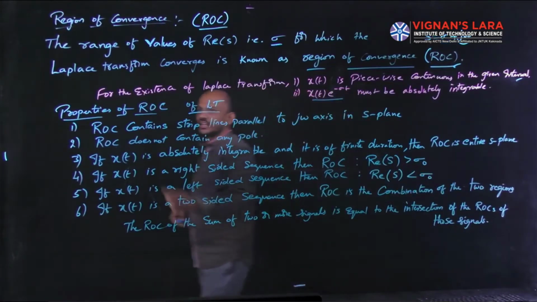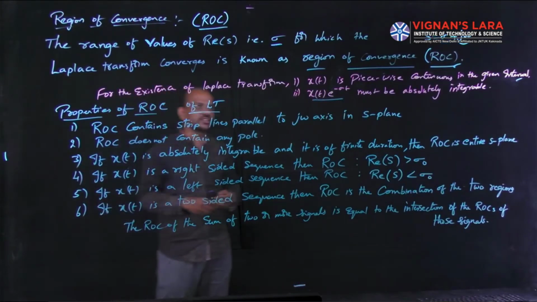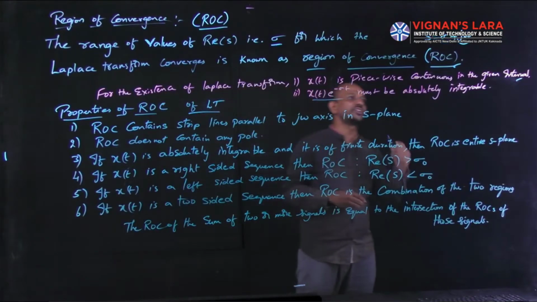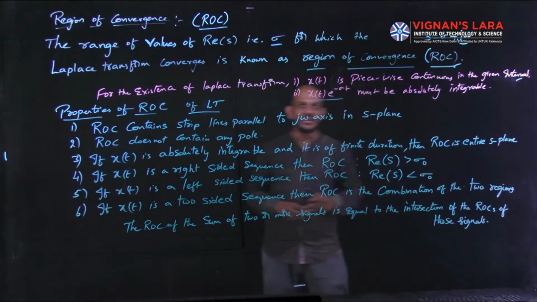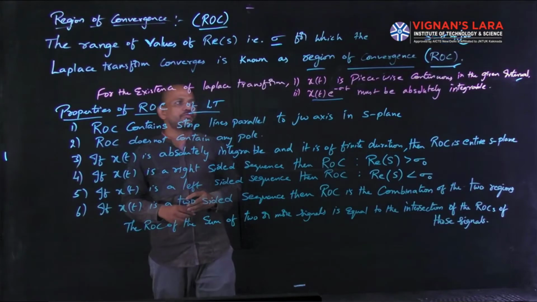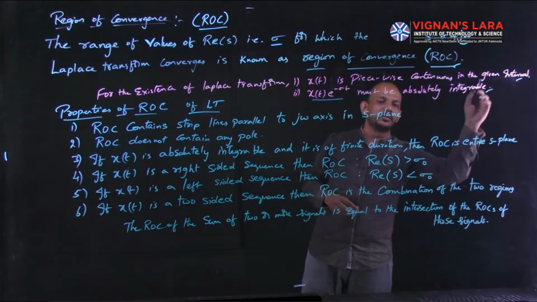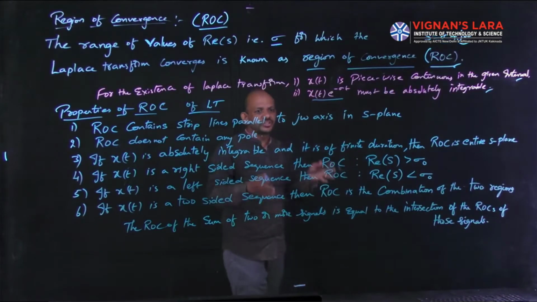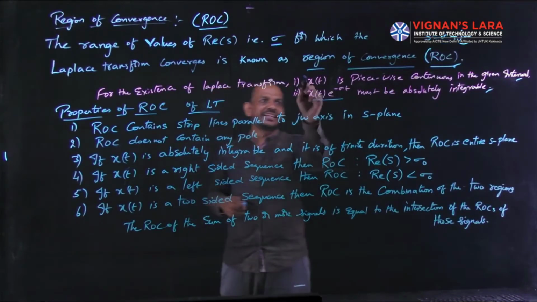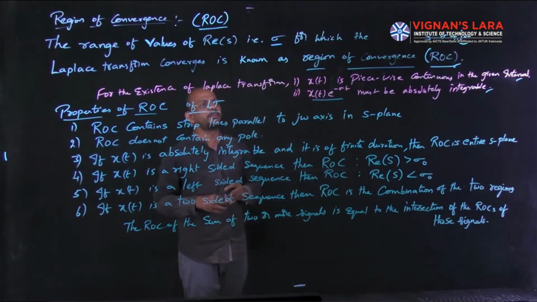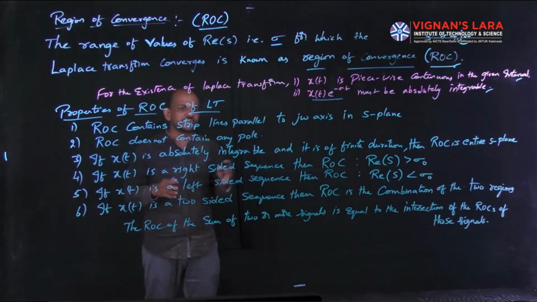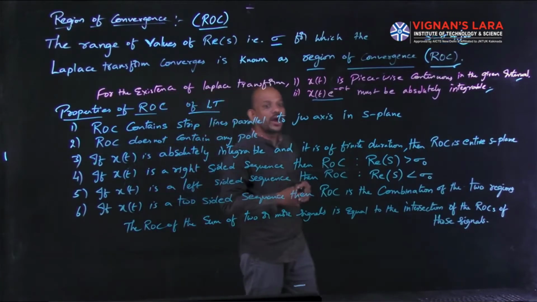So the conditions for the existence of Laplace transform are, the first one, x of t is piecewise continuous in the given interval, and the second one, x of t into e power minus sigma t must be absolutely integrable. Absolutely integrable means it must have a finite value, that is the integral of x of t e power minus sigma t dt should have a finite value.